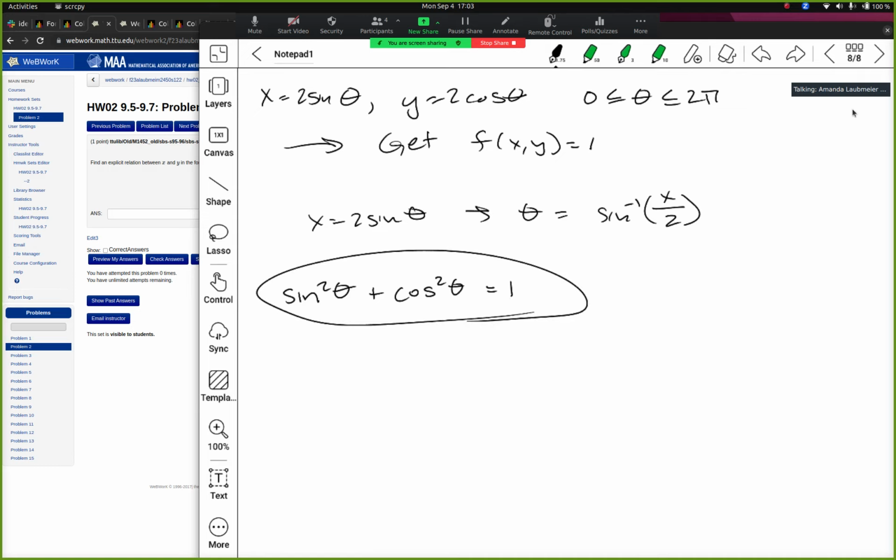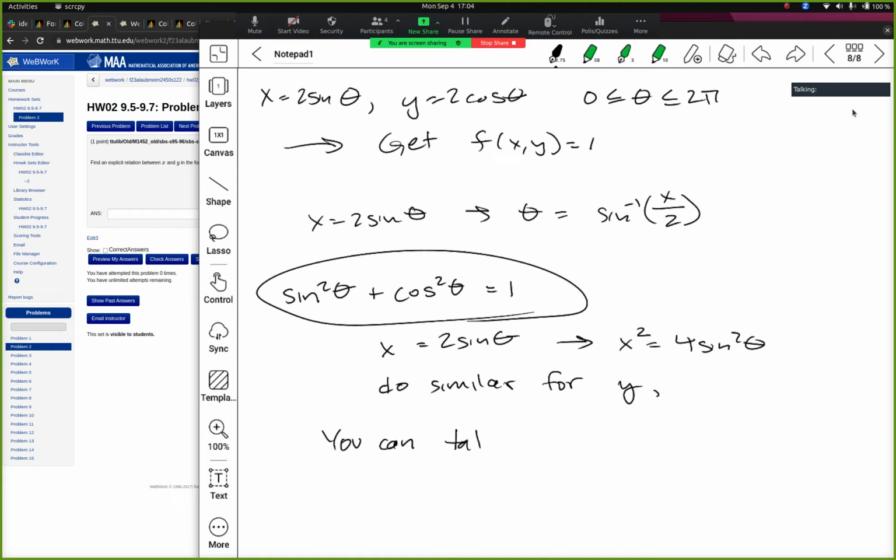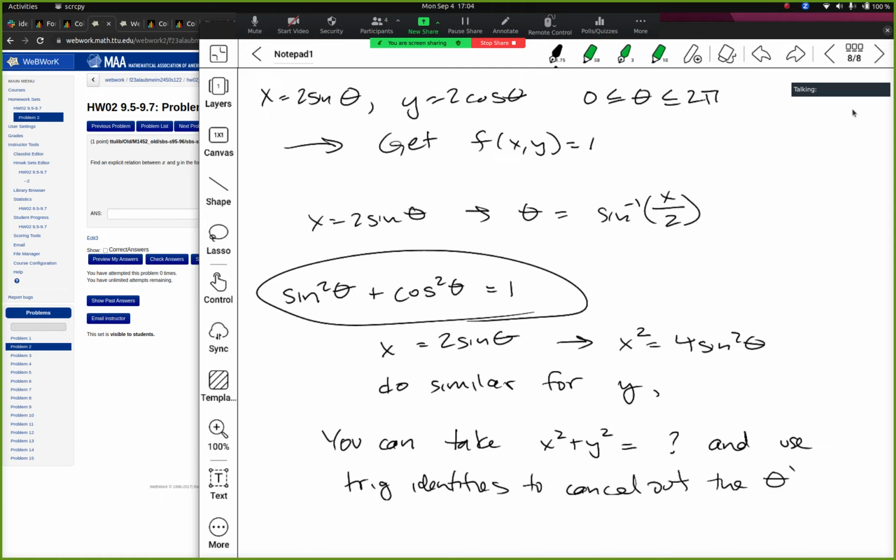And so if you combine this with x is equal to 2 sine theta, so x squared is equal to 4 sine squared theta, and do similar for y, you can take x squared plus y squared, figure out what that would be equal to, and use your trig identities to cancel out the thetas using this trig identity.